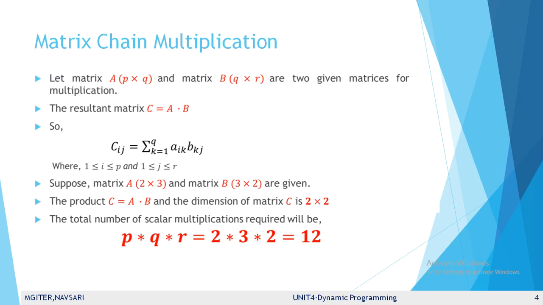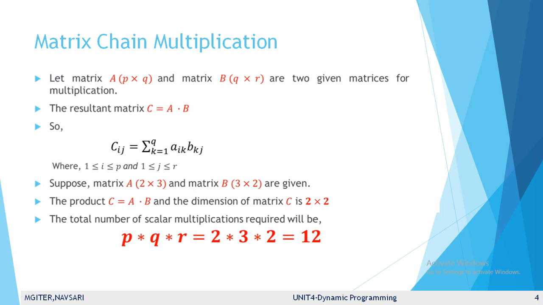Let's look at the cost of performing matrix multiplication. Suppose there are two matrices A and B with dimensions P cross Q and Q cross R. The main thing is that the columns of the first matrix and the rows of the second matrix must be the same, and only then is matrix multiplication possible.